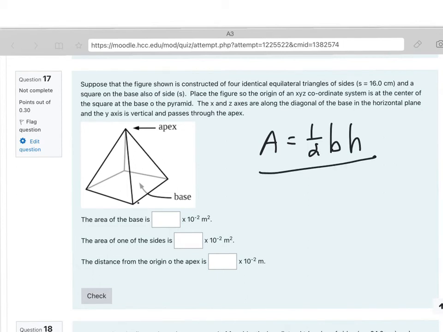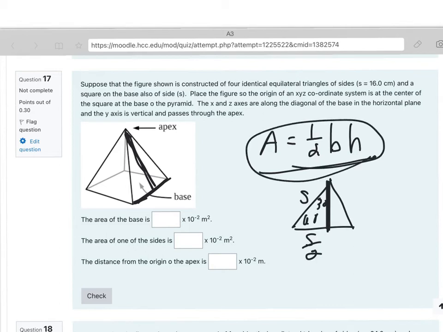And the base of the triangle is just one of the sides you're given, but the height you got to get. And that's trig, right? You get an equilateral triangle, you got to get this. Those are going to be 30 degrees. These are going to be 60 degrees. It splits here, S over 2. This is S. You can use the Pythagorean theorem. There's any number of ways to do it to get the height. And then you take 1/2 the base times the height and you get the area.